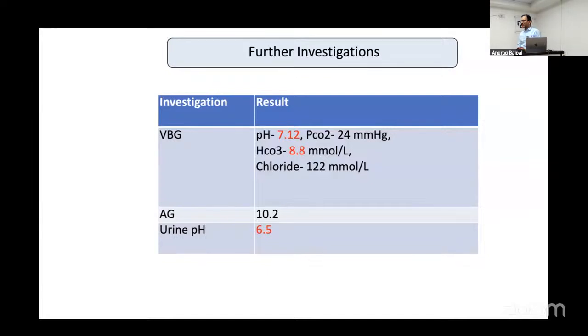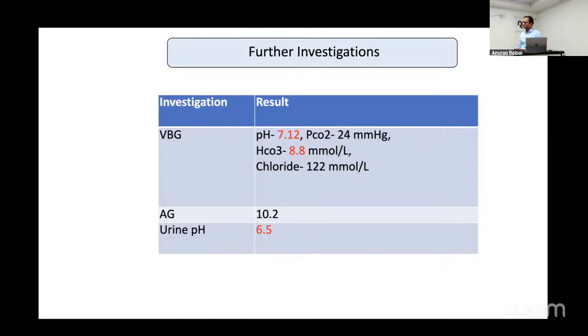So what was the base excess? I think it was minus 18 or something. It will be very high because bicarb here is 8.8. Now, what does this bicarb tell you? If it is RTA, is it distal or proximal? This bicarb is too low.